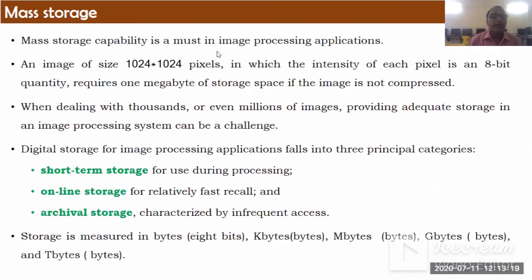Now software, then storage. Okay, the next part of the component is the storage. So what is the purpose of storage? To store the image. Mass storage capability is one of the important things in image processing. Now consider an image of 1024 into 1024 pixels with 8 bits, so it requires 1 MB storage space.